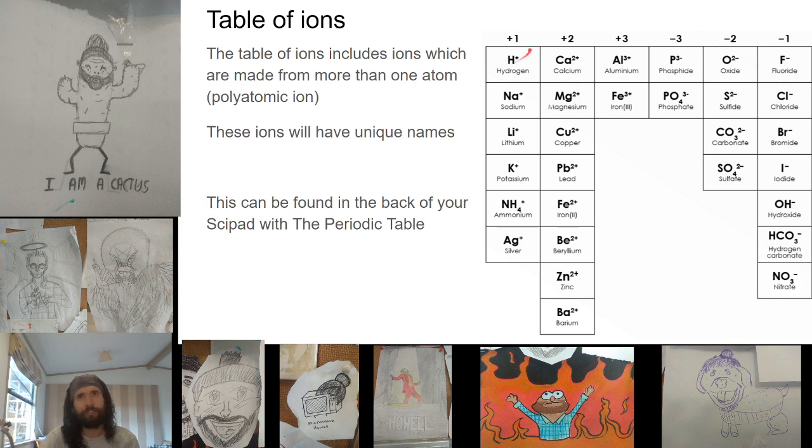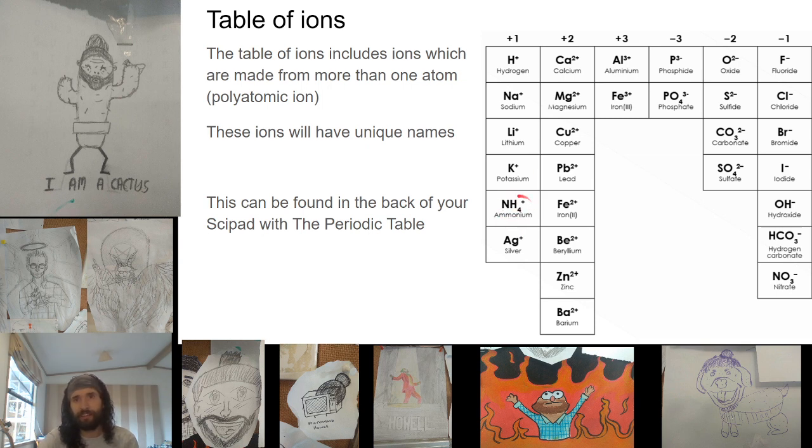So hydrogen, see we've got a +1 here. +1 means they have lost 1 negative electron, so they're now positively charged. So hydrogen, sodium, lithium, potassium, they only have 1 electron in their outer shell and they want to lose it. And when they lose it, they have 1 more proton than electron, so they have a charge of +1.